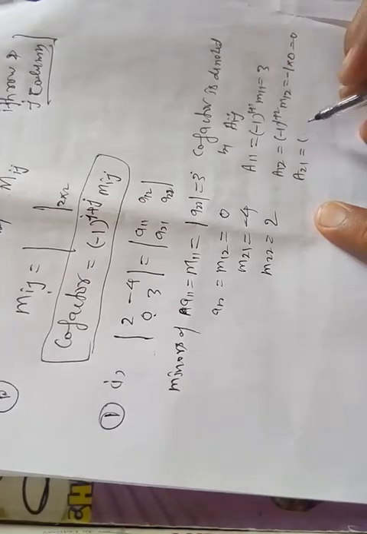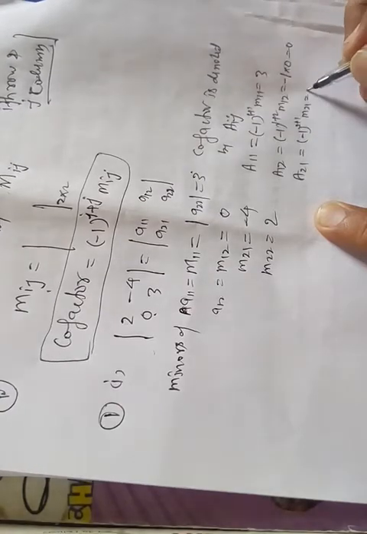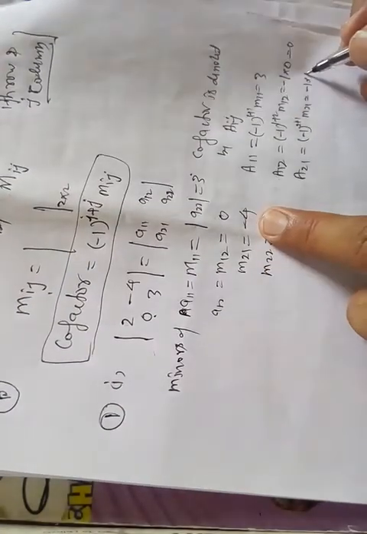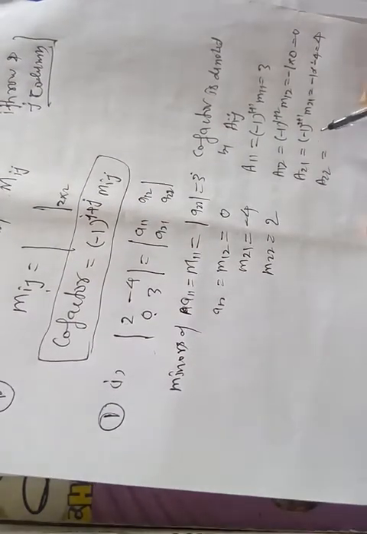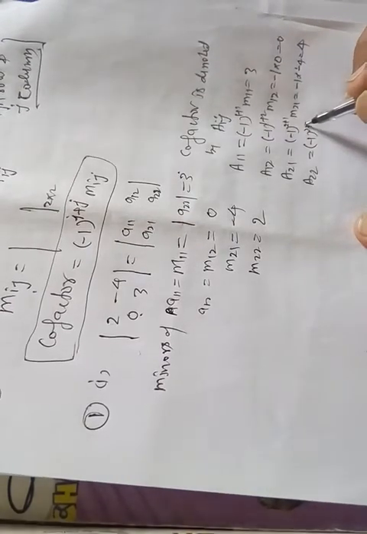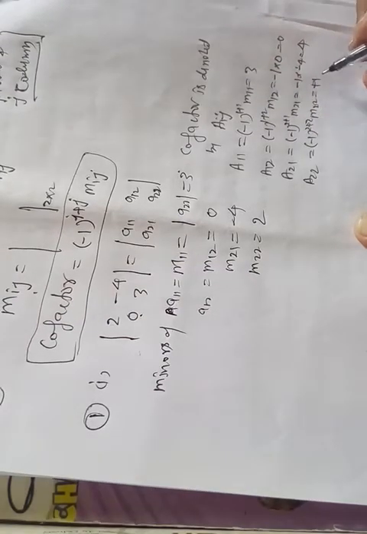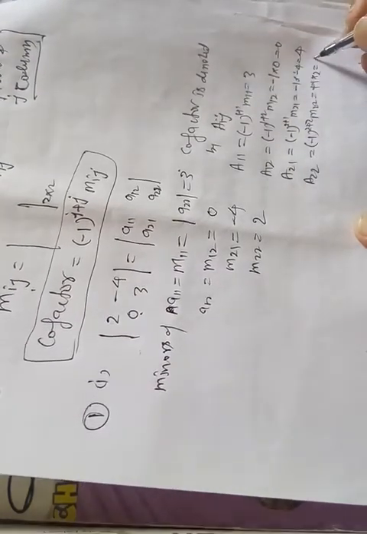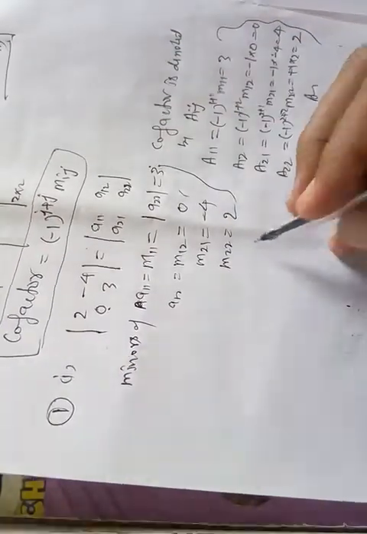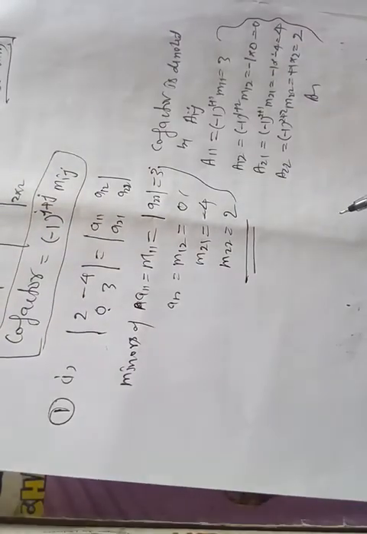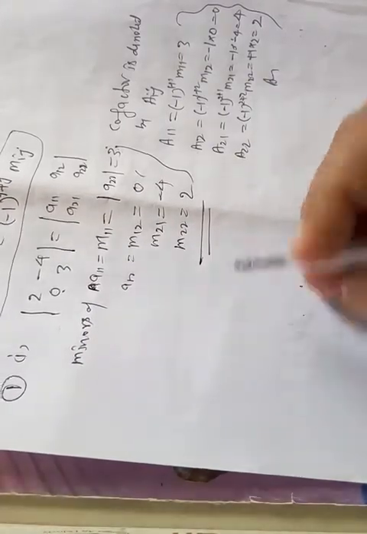A21 is minus 1 raised to 2 plus 1 into M21, minus 1 into minus 4, that is plus 4. A22 is minus 1 raised to 2 plus 2 into M22, plus 1 into 2, that is 2. These are the cofactors, and these are the minors. Okay, can you solve this type of question? And all this type of question.